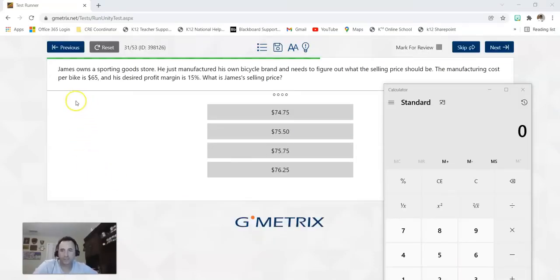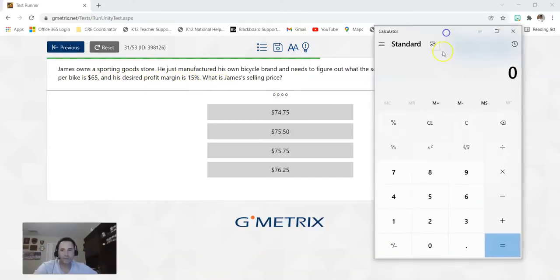Very similar question as the previous question. James owns a sporting goods store. He manufactures his own bicycle brand and needs to figure out what the selling price should be. The manufacturing cost per bike is $65, and his desired profit margin is 15%. What is James' selling price? So it's the same formula as the previous question.